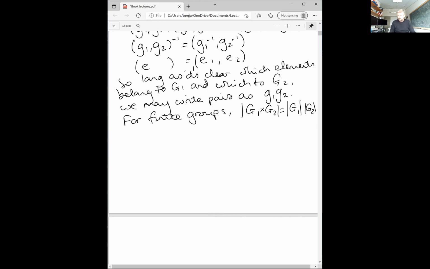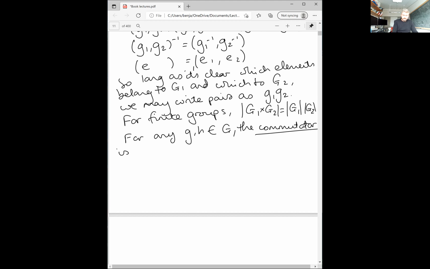So we have another object which is important, and it's the commutator. If we take some particular group and two elements of it, g and h, we have this object which is called the commutator.